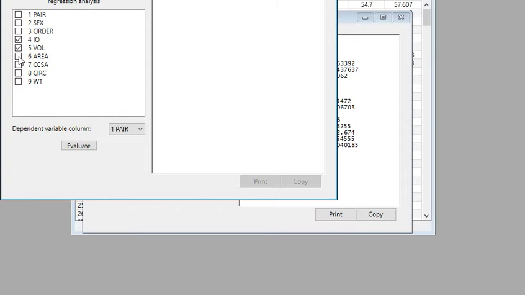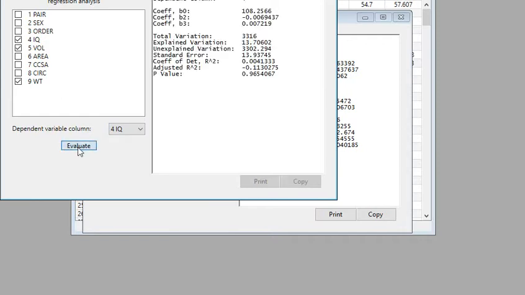We're going to use IQ as the dependent variable. Let's see. We didn't do much better. If you take a look at our value of R and R squared, we're explaining less than 1% of the variation in IQ by knowing something about the volume and the weight.